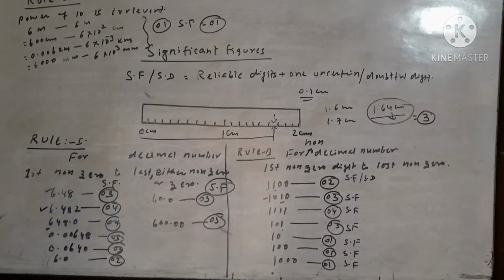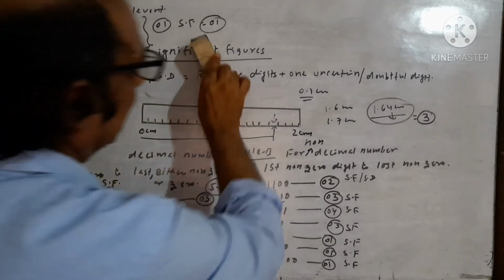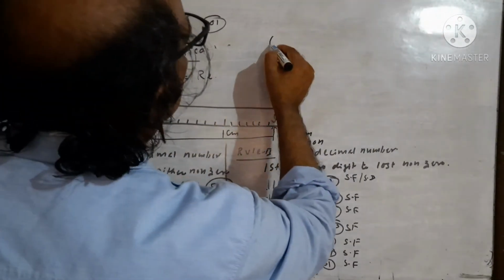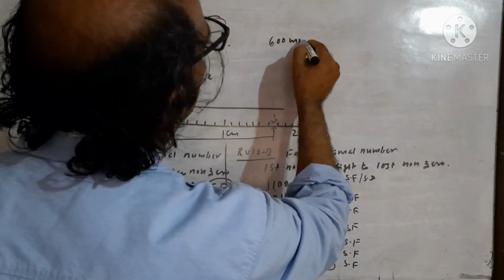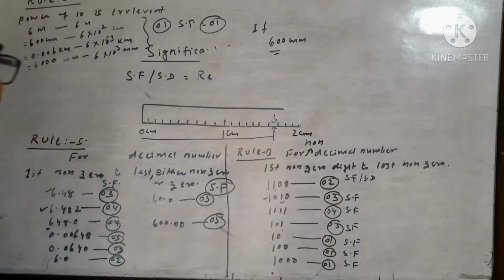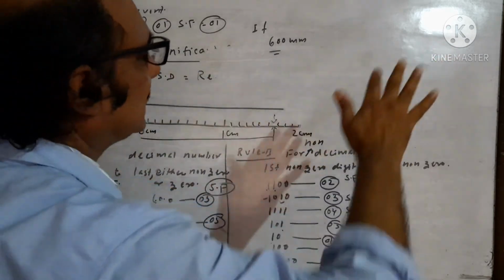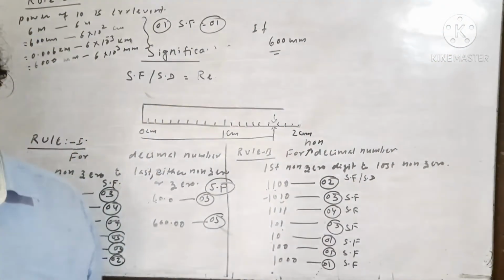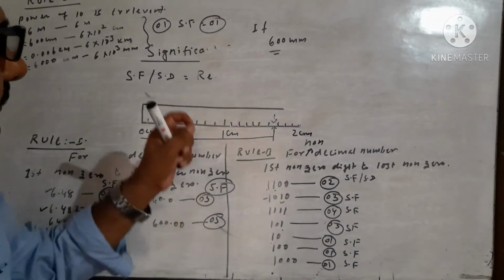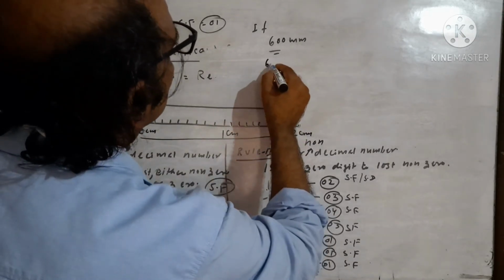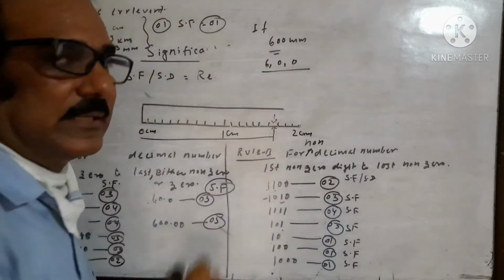But sometimes there is doubt about the significant figures. If 600 mm is a measurement but there is no indication of the instrument by which it is measured, at that moment it is very difficult, and sometimes it may be 3 significant digits.